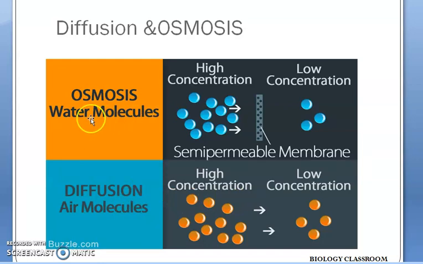And osmosis is a process in which the spontaneous movement of water molecules takes place from higher concentration to lower concentration across a semi-permeable membrane, and this osmosis is also called the diffusion of water molecules, right? So firstly I have used the word selectively permeable. Now I am using the word semi-permeable membrane.